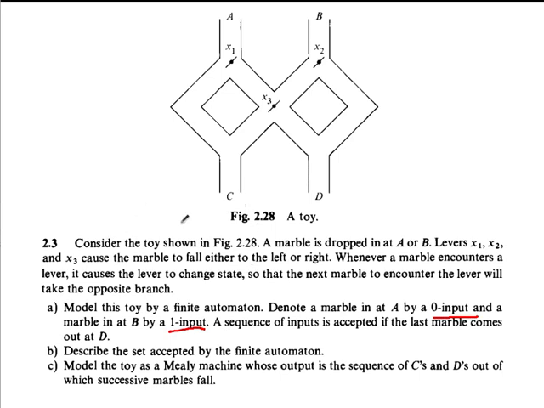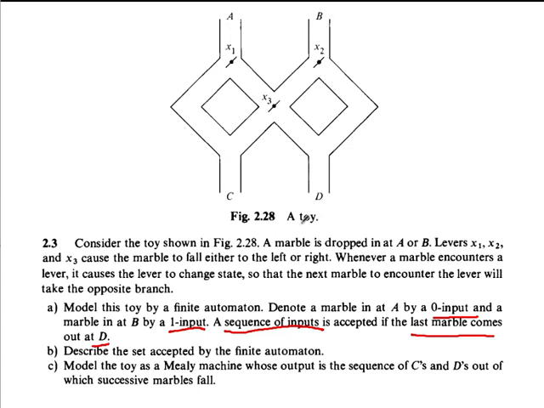Now you can consider a sequence of actions. So that will be a sequence of 0 and 1. So that will be a string of 0 and 1. And the language we are interested in is all the sequences of inputs if the last marble comes out of D. Okay, so the marble can come out of C or D. So it depends on how you drop these things.